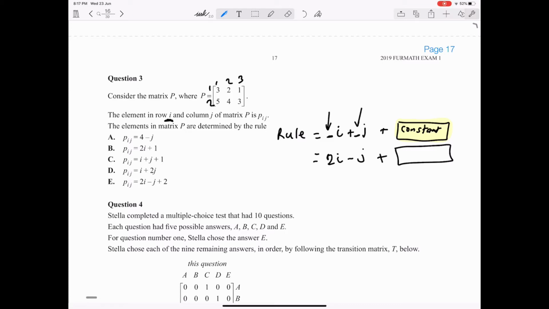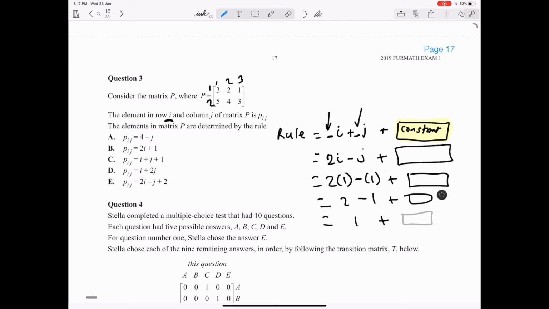So let's try 1 and 1 for example. 2 times 1 for the element in row 1, column 1, minus 1 plus a constant, which we don't know yet. So that would give us 2 minus 1 plus a constant, which would give us 1 plus a constant. So the value in row 1, column 1 is 3. So far we got 1. So to make it 3, we just plus 2. So our constant would be 2.